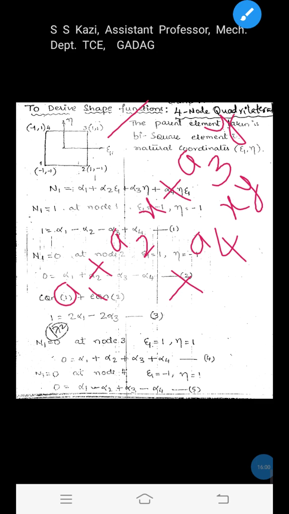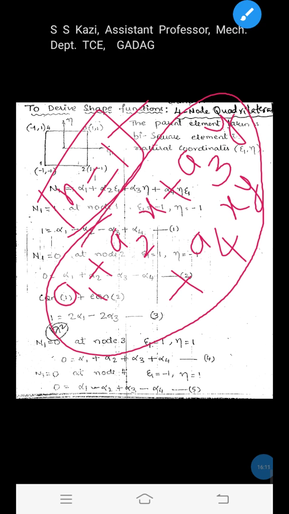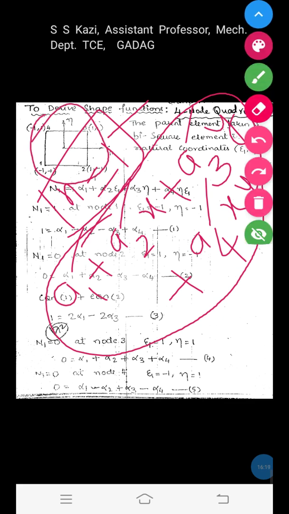Since it is a linear element, the order of the polynomial is 1. If you observe this displacement function, the order of the polynomial is 1 only, and there are 4 coefficients in the polynomial, equal to the 4 nodes.